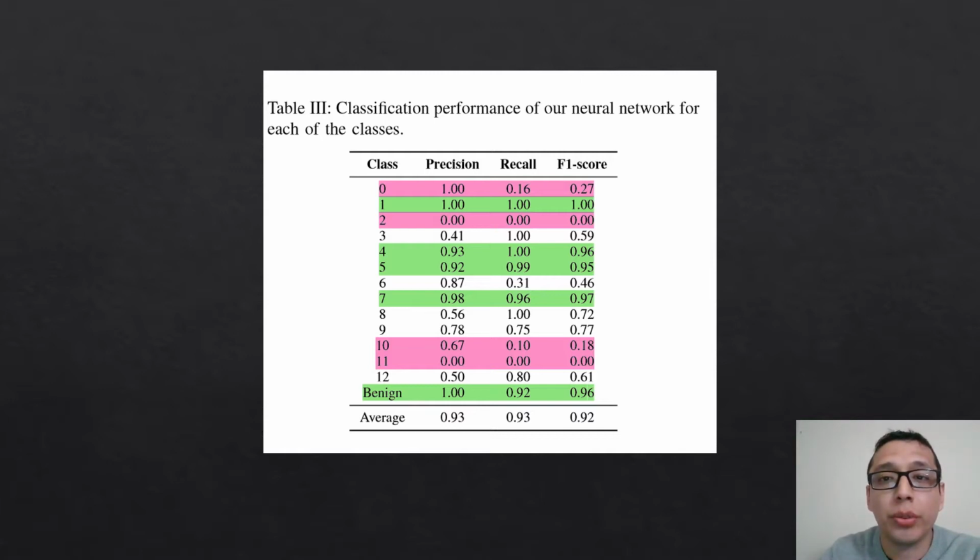It also reveals that the samples belonging to classes 1, 4, 5, and 7, highlighted in green, as well as the benign samples, are approximately correctly classified. In contrast, samples belonging to classes 0, 2, 10, and 11, highlighted in pink, are misclassified.